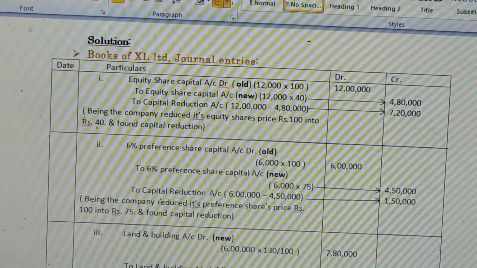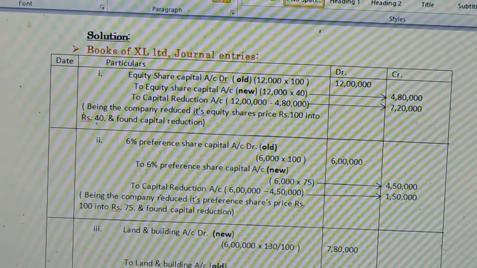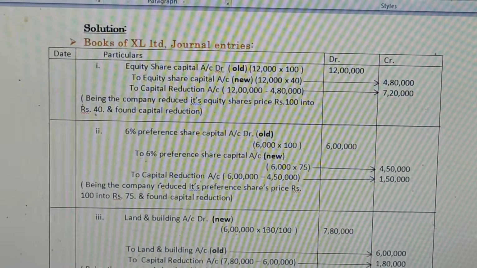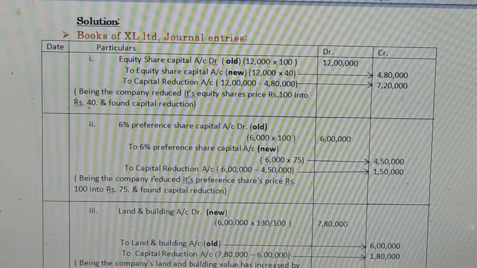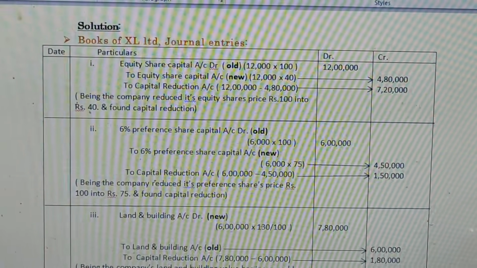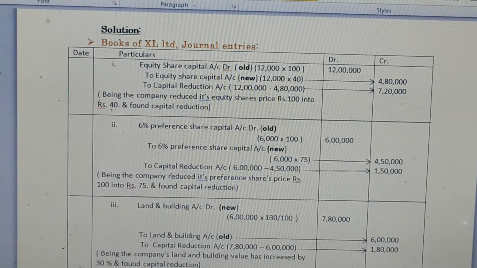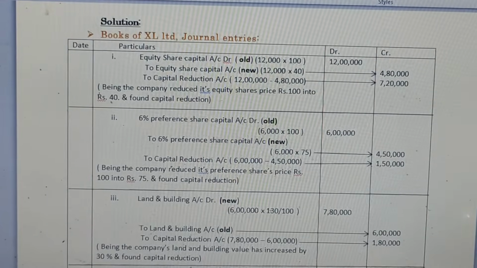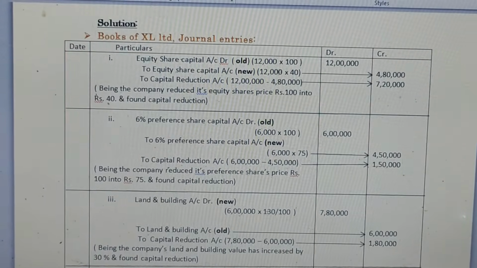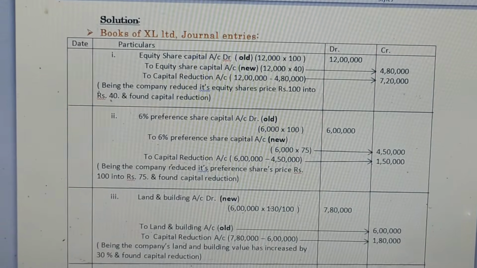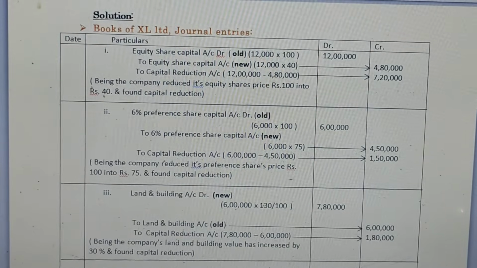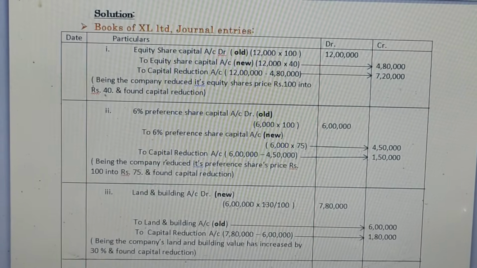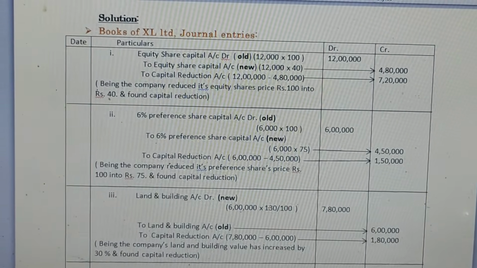In the books of Excel Limited, journal entries: date column, particulars column, debit side column and credit side column. The first journal entry is for reducing the company's share capital from rupees 100 into rupees 40, and also we are going to find out the capital reduction value.